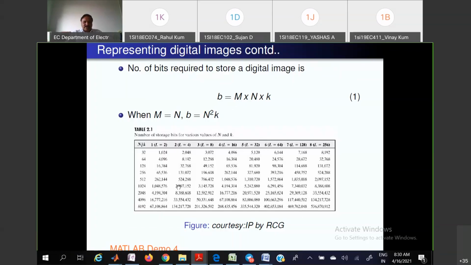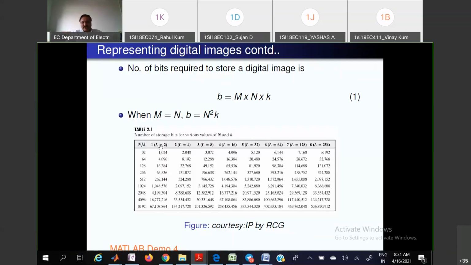Now here there is a table. I think it's an easy table that you can understand. The table is given for square images just to make the calculation simpler. So suppose it is a 32 cross 32 image, and I use 1 bit for representing the gray level.